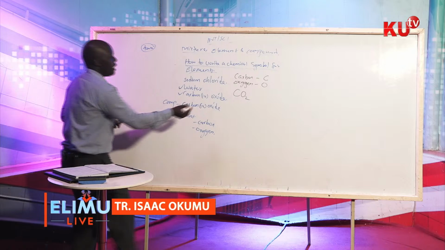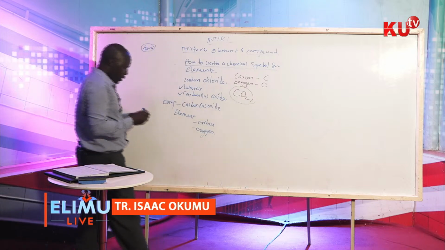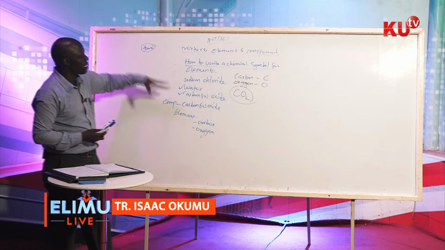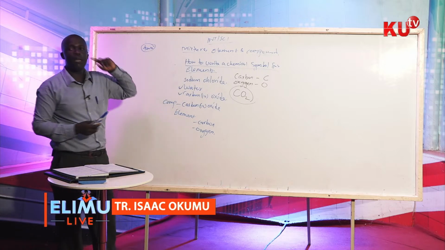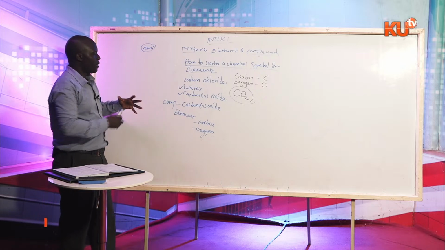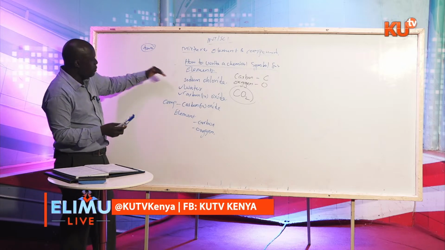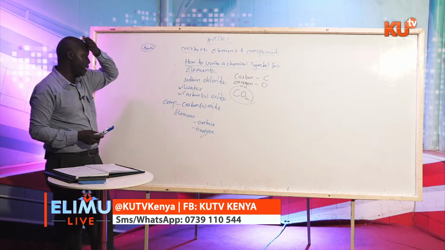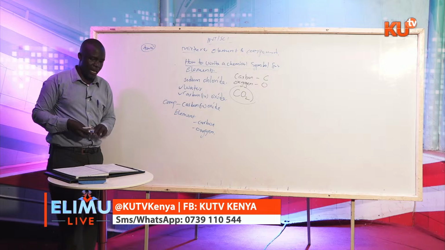So this one here is a compound. A learner should be in a position of identifying the elements which make up that compound, and also be able to write the chemical symbol of that element. Then from there, be able to come up with a chemical formula for the compound formed by the two or more elements.